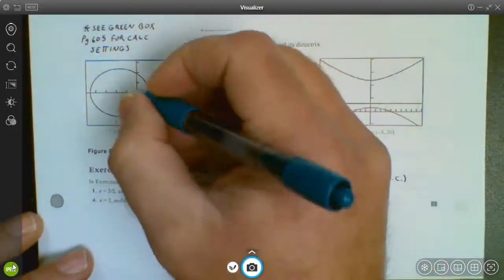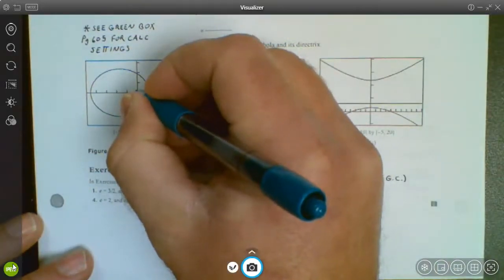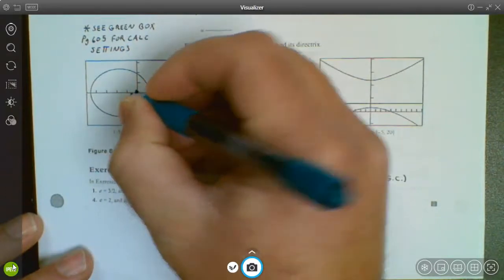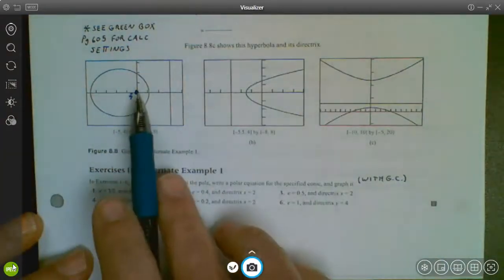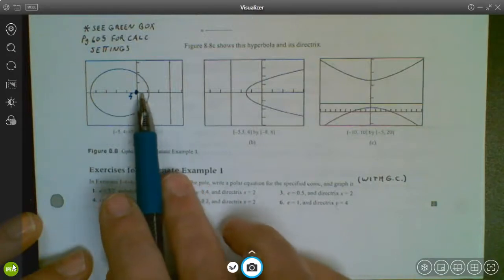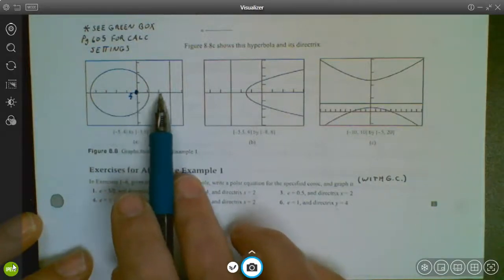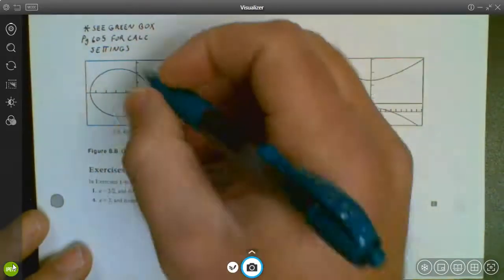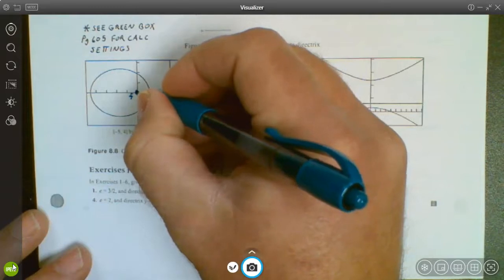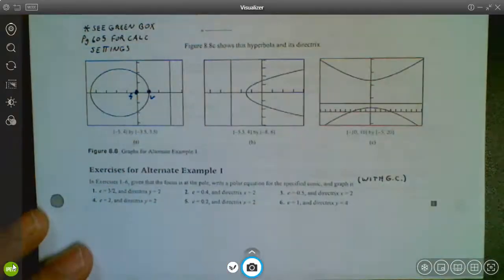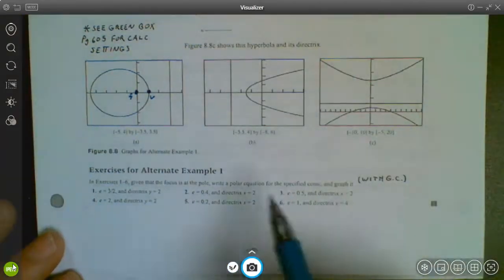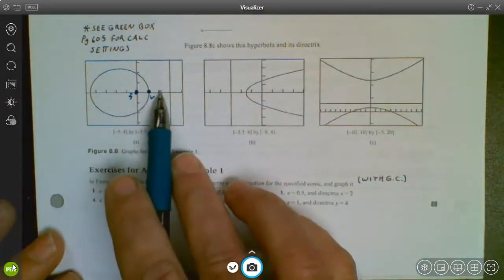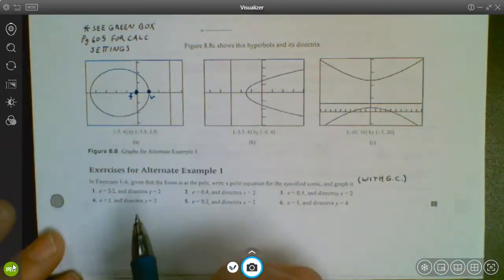They told us that the focus was at the pole, so I knew my focus was at 0, 0. So if there's supposed to be this 3 to 5 relationship right here, this is obviously a distance of 3, right? Well, 3/5 of 3 would tell me where to put that vertex. That would give me a pretty good indication of where to put all three of those pieces of info.